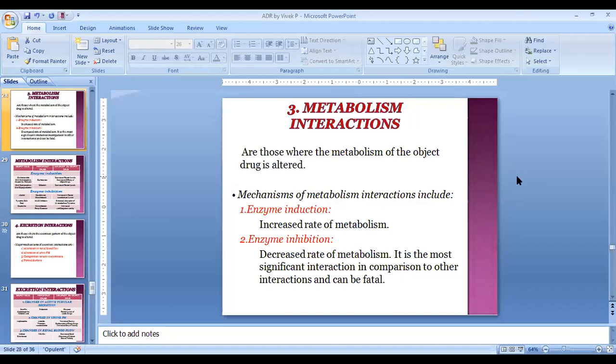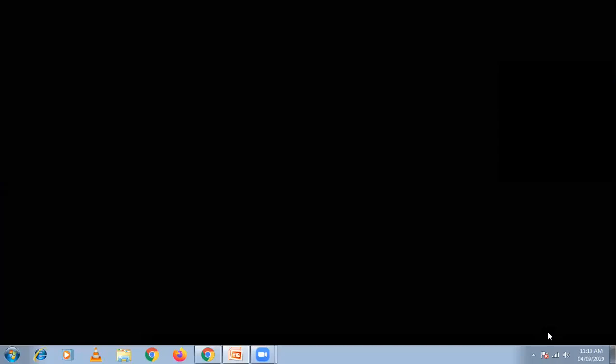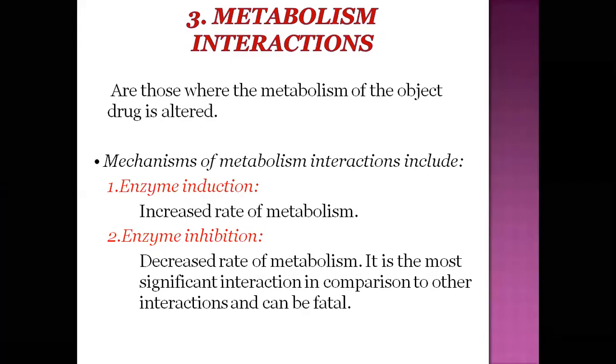Okay, the third part of the pharmacokinetic is metabolism interactions. For metabolism, either metabolism is faster or slower, depending on the enzymes present.